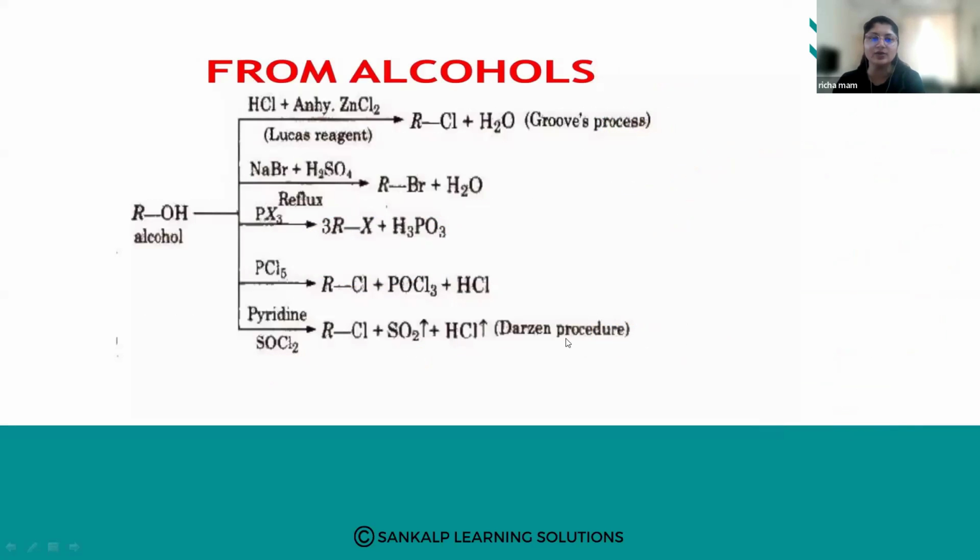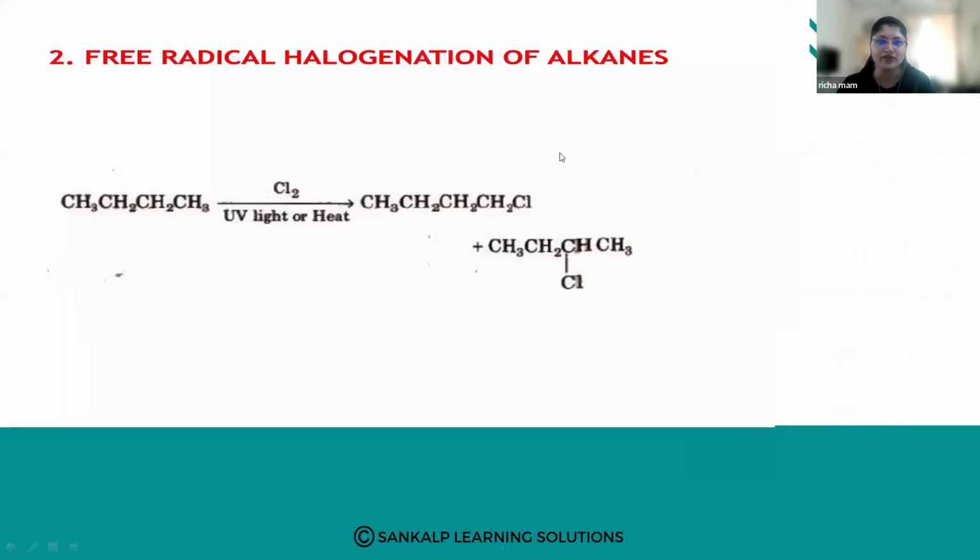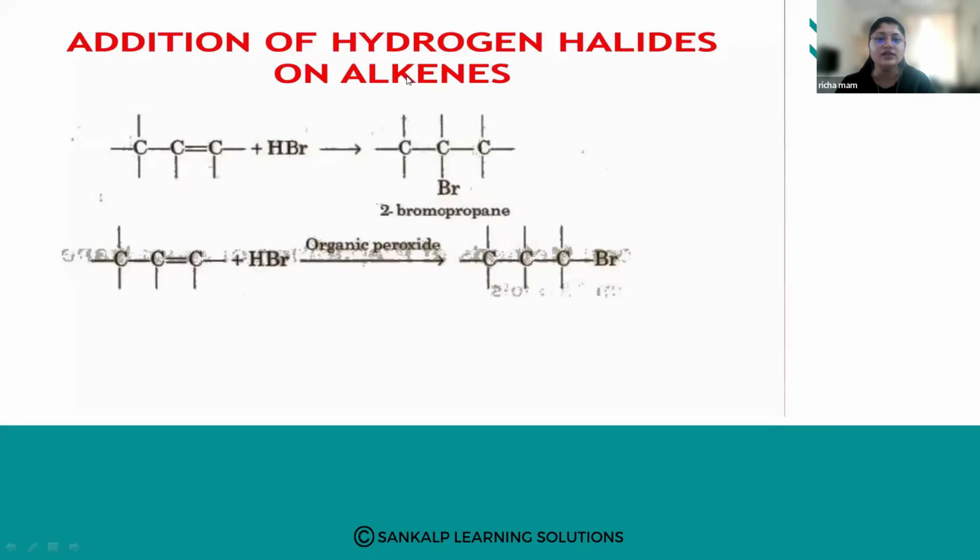Then we started with hydrocarbons, that is, free radical halogenation of alkanes. Then we have seen the addition of hydrogen halide, what the Markovnikov rule is and what the anti-Markovnikov rule is. The remaining methods of preparation we'll be discussing in the next class. Is it clear?